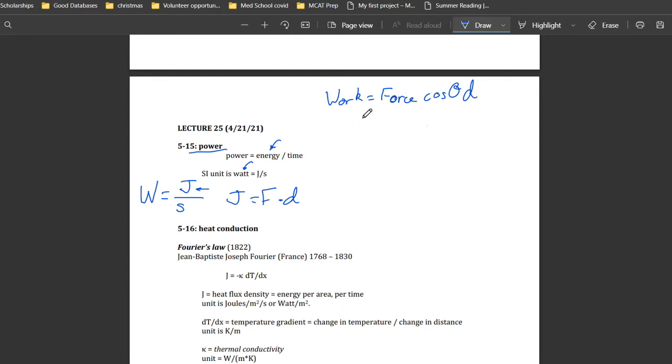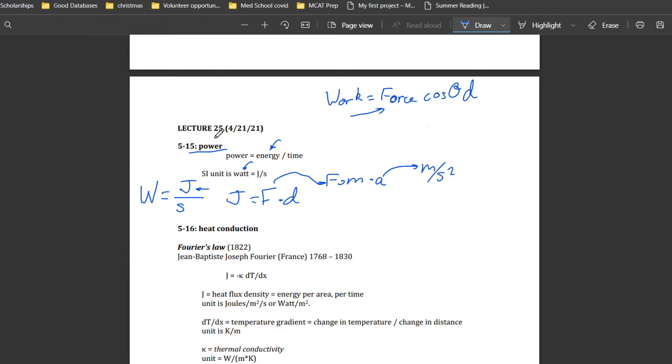And we can go even further than this to say that force is equal to mass times acceleration. And what is acceleration? Well, acceleration is meters per second squared.